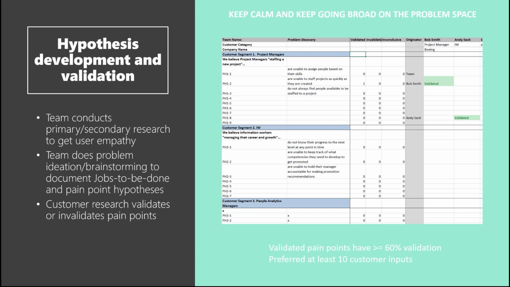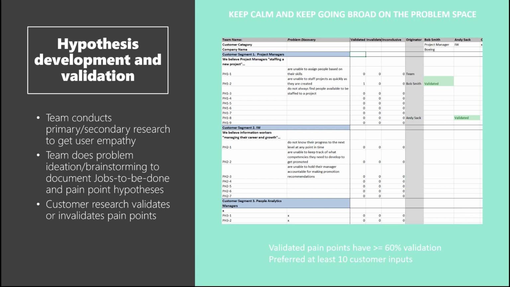And then for these jobs to be done, we started identifying the pain points, where the customer is actually stuck. What are the things that are hard, or what are the things that they can actually not even do today because there's gaps. And we started documenting them in the spreadsheet as hypotheses.